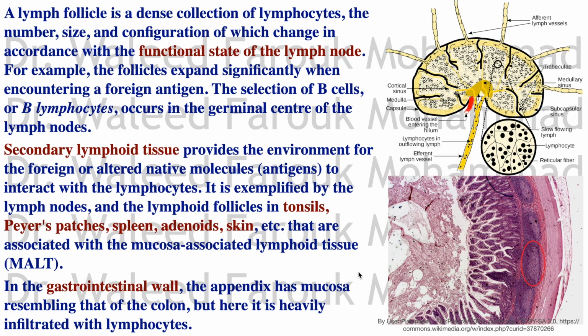In the GIT, in addition, there's the appendix that has a mucosa resembling that of the colon, but heavily infiltrated with lymphocytes, which results in thickening of the wall of the appendix and narrowing of its lumen, and that's why it's liable to obstruction and produces appendicitis.